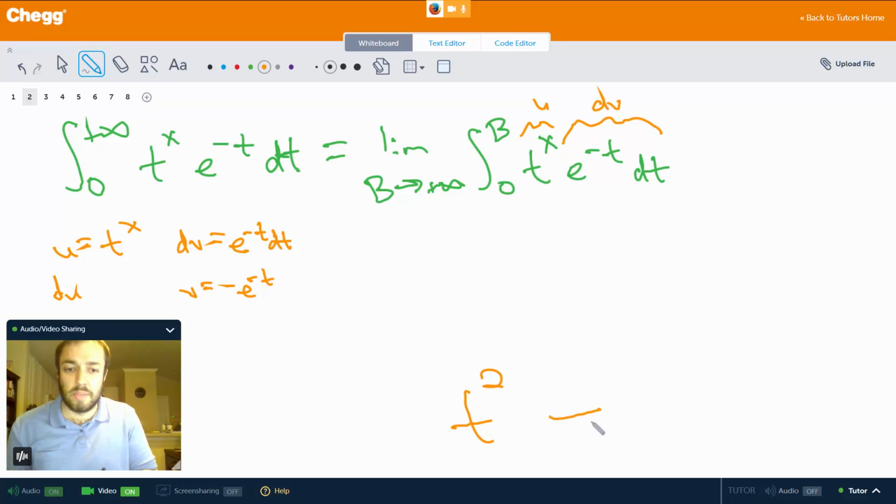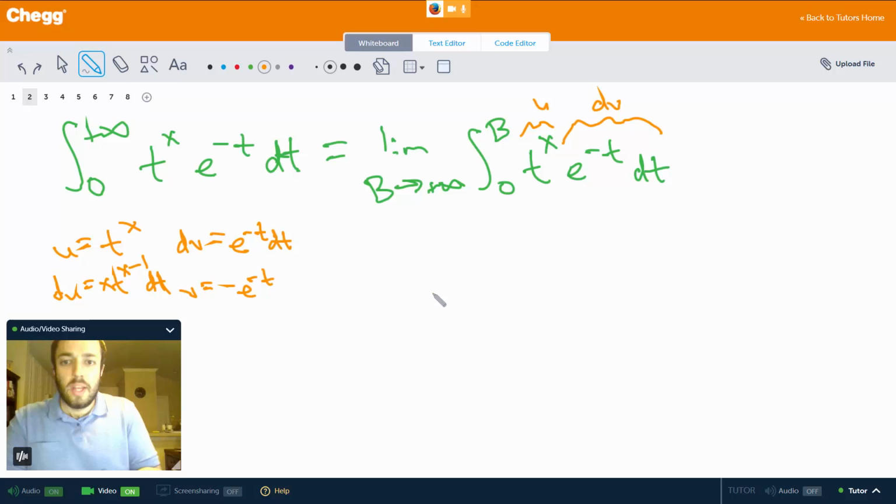If we want to take a derivative of that, that's going to be 2t, right? Well, here instead of t squared, we have t to the x, but it's the same principle because x is our constant in this case. So the derivative is just going to be x t to the x minus 1. And don't forget the dt, because we're actually dealing with differentials, because we have the du and the dt. So we're dealing with differentials here, so don't forget about the dt.